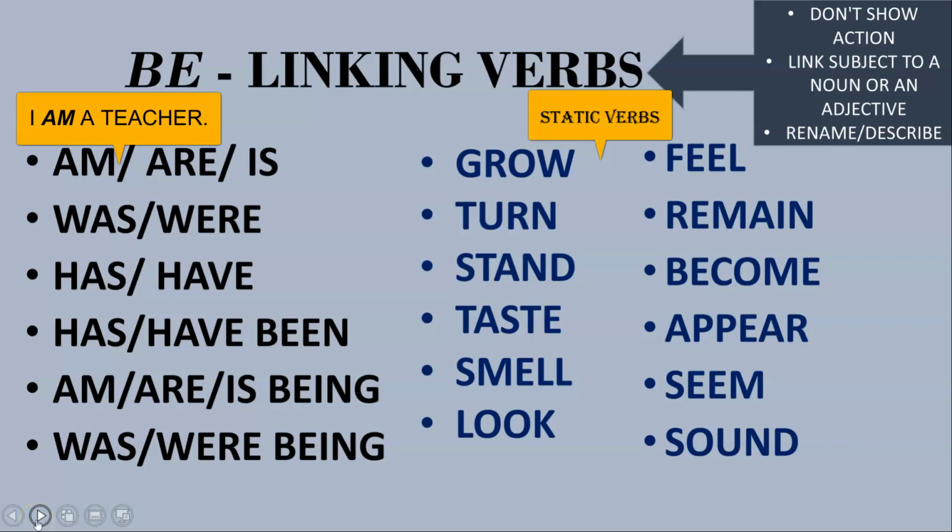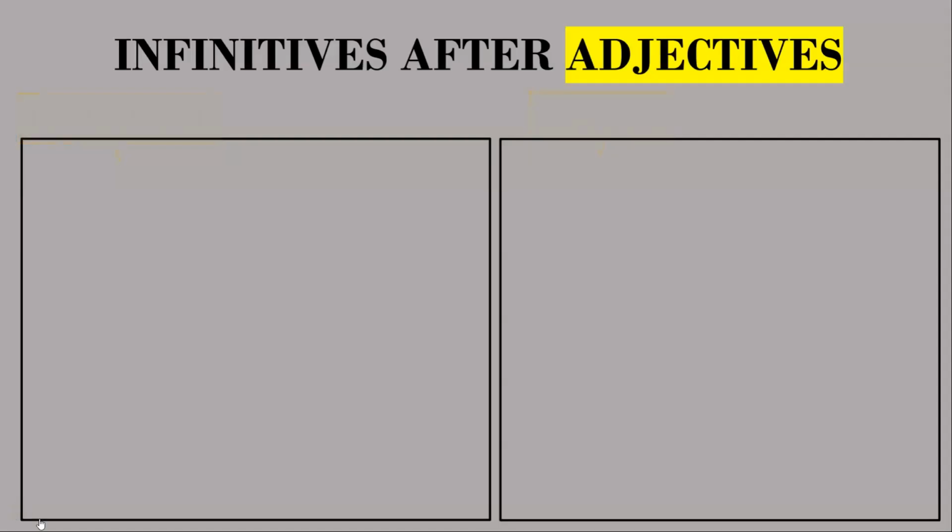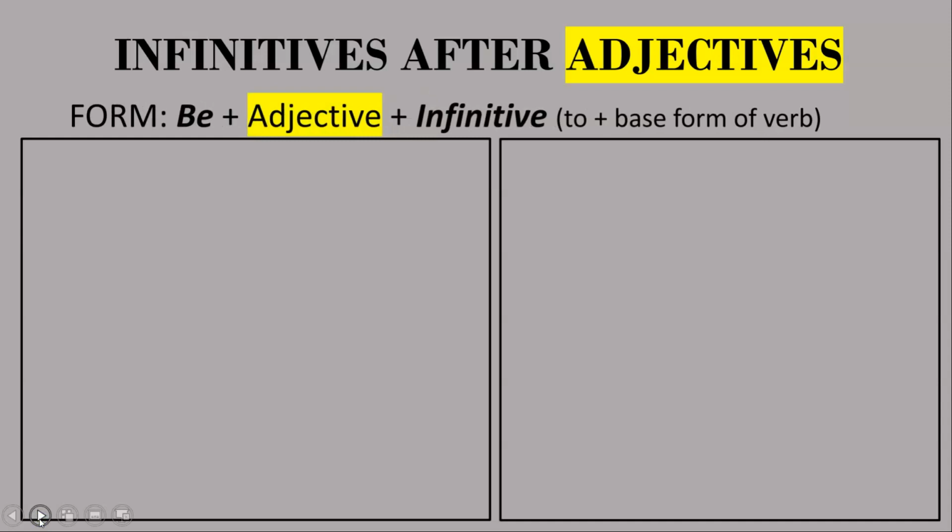So let's move on to the next slide to see infinitives that come after adjectives. Let's discuss our first case scenario where we have infinitives following adjectives. And the way we do this in English is that we use our be verb or any of the other linking verbs I mentioned earlier, like smell, touch, sound, remain, after which adjectives will follow, and then we'll have our infinitive form.